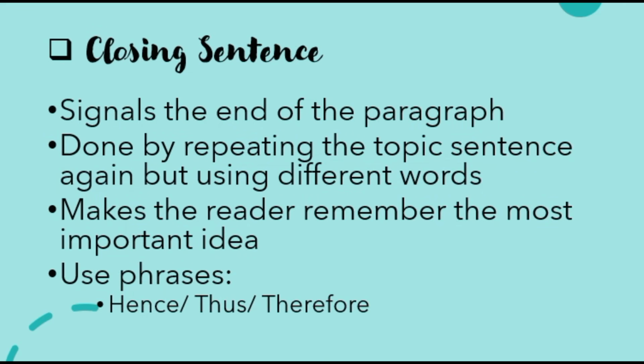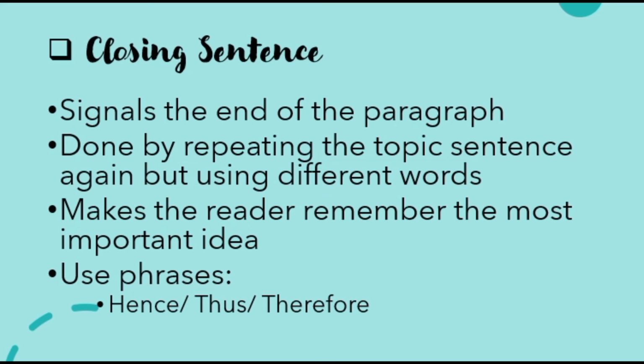Let's now move on to the last part of the paragraph, which is your closing sentence. The closing sentence is only one sentence. It signals the end of the paragraph, and this could be done by repeating the topic sentence again, but using different words. You need to rephrase it because you cannot repeat the same sentence twice.